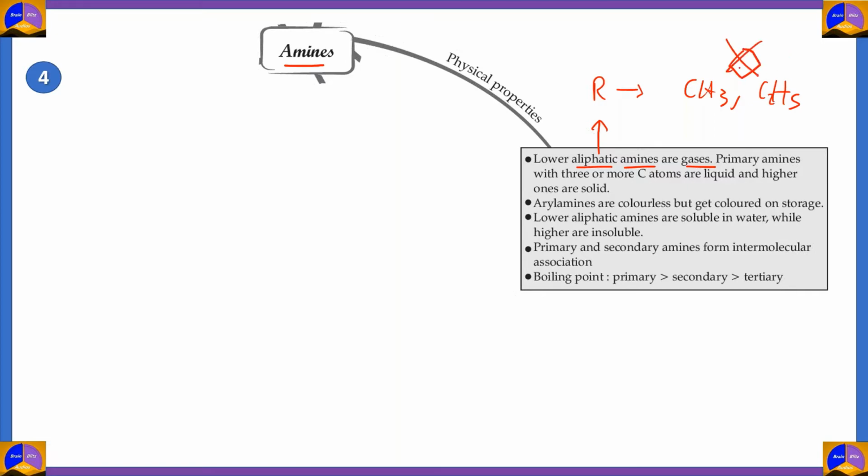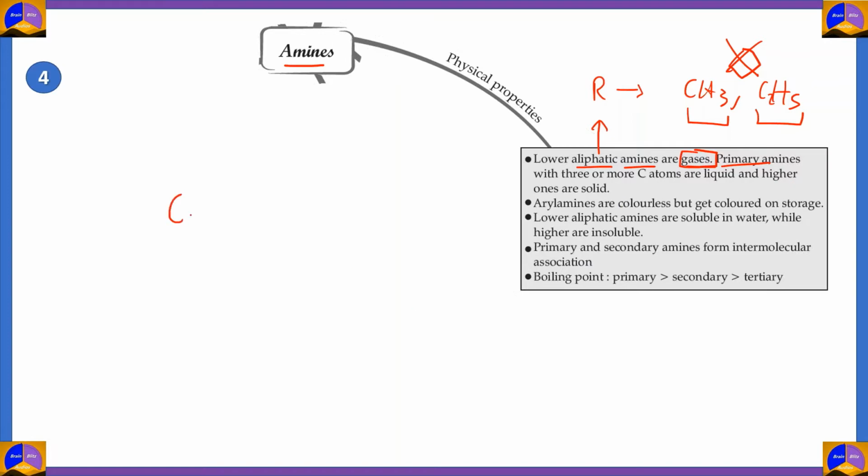So there is no rings present. These are straight chain or branched. So formulas such as CH3NH2 and C2H5NH2, which are lower aliphatic amines, exist in the form of gases. So these are gaseous. Primary amines with 3 or more carbon atoms are liquid, and higher ones are solid.